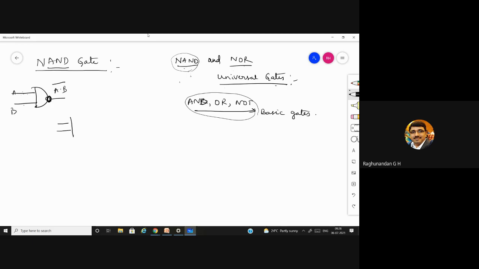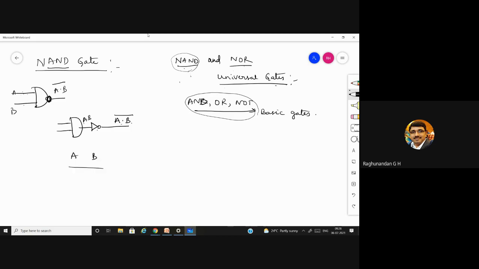So AB is passed through NOT gate. So it is AB whole bar. So this is just for your understanding. This is the symbol for NAND gate. Here you will get AB. When you pass it through NOT gate, you get AB whole bar. So this indicates that it is exactly opposite to AND gate.